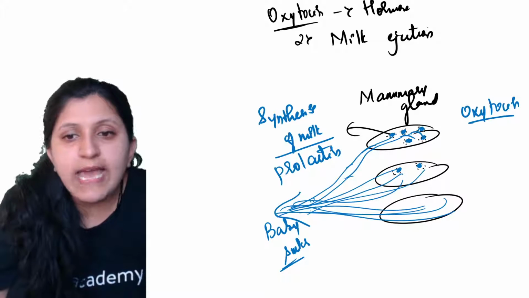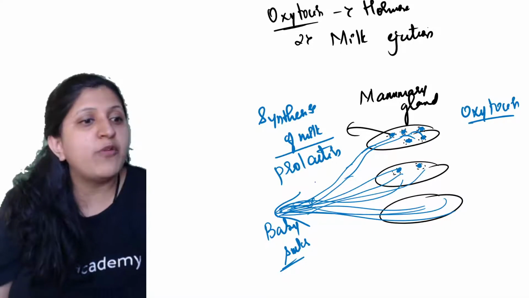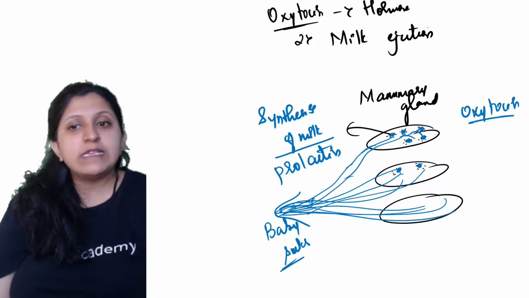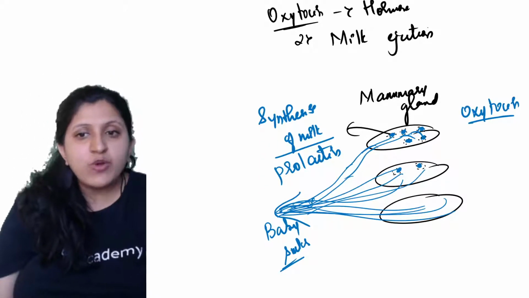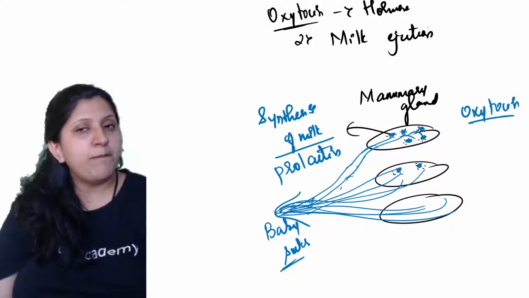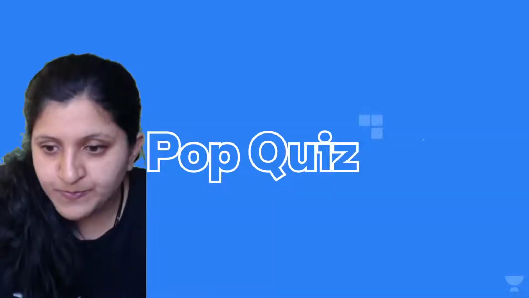These lactiferous ducts join here, and when the sucking action is done, because of oxytocin release the milk flows through the duct and the baby gets the milk. That is the function of oxytocin.